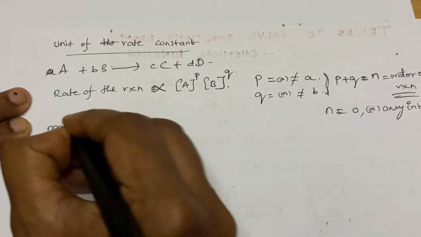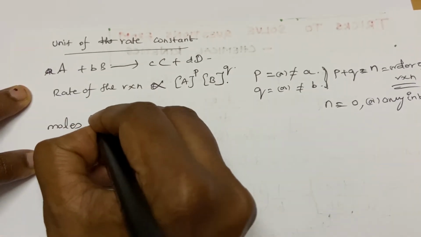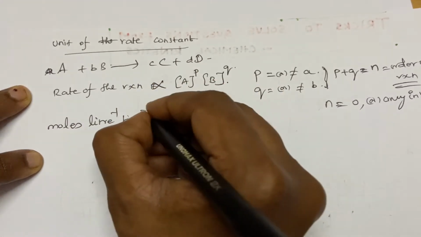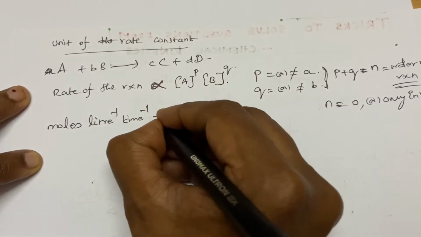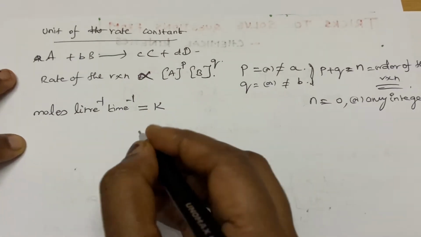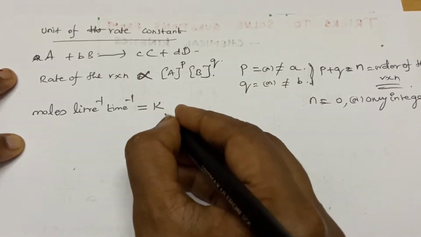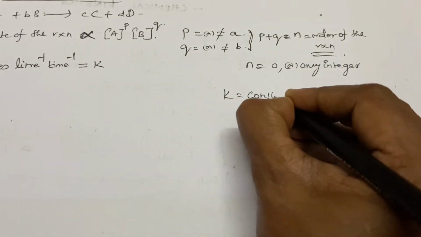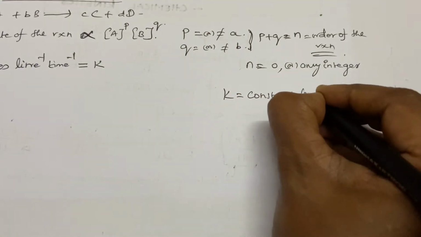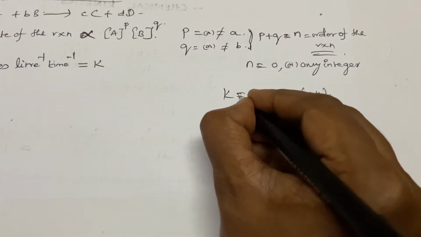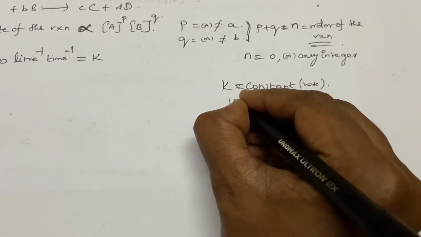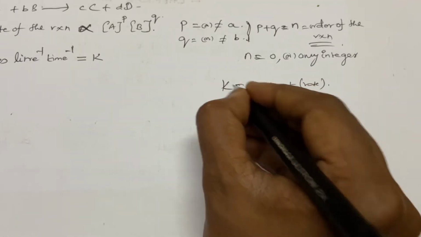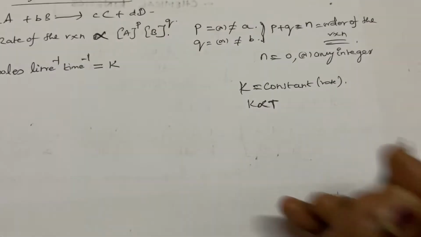So this is moles per liter, that is liter inverse and time inverse. Okay, see, this proportionality constant is known as the rate constant, and you must know it is a constant that depends only on temperature. Okay, and if you change the temperature, the constant will vary, otherwise it will not.